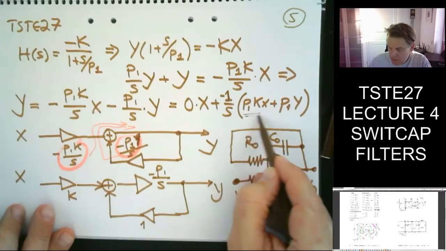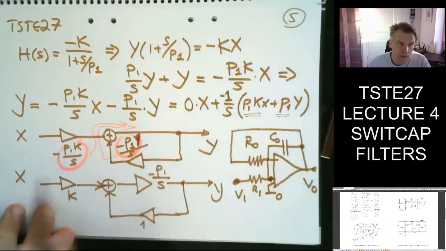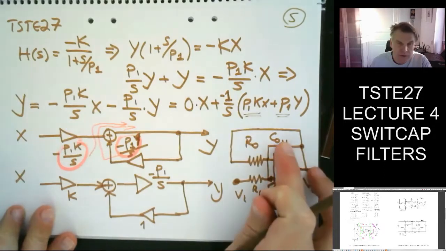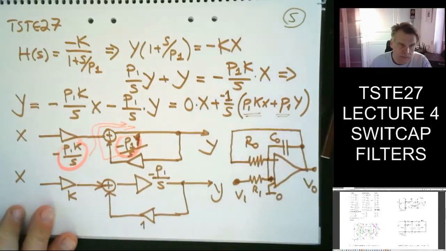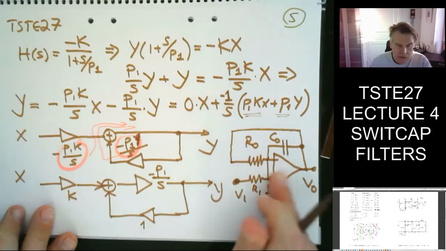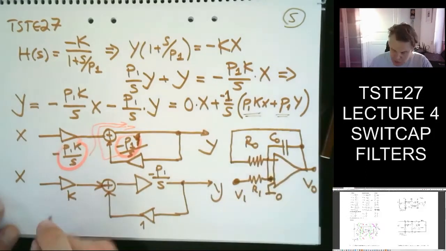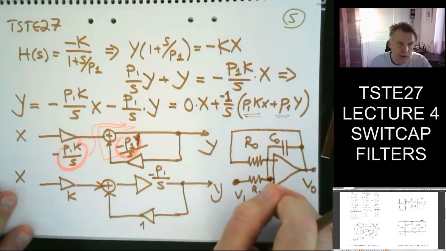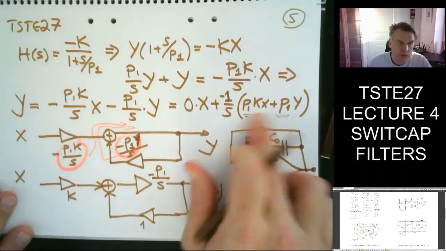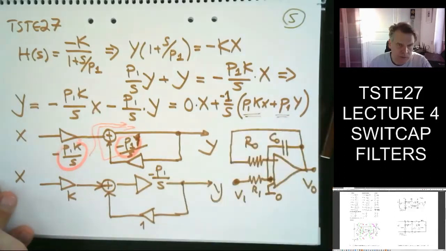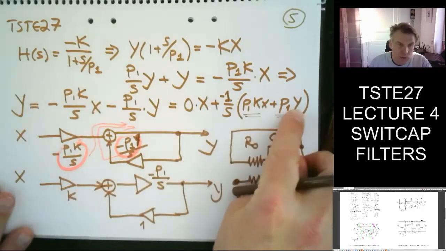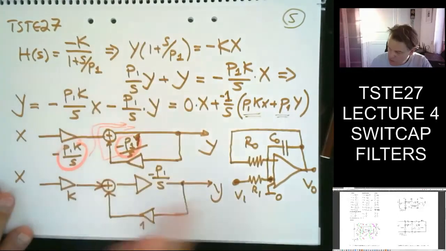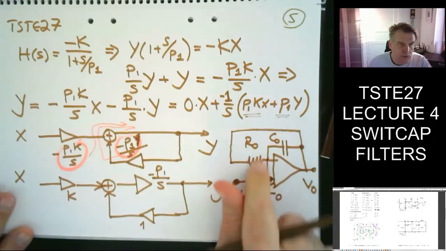So I have two unknowns, P1 and K. But in this implementation, I have R0, R1, and C0 as unknowns. So typically, in our system, you will have an overdefined system with more variables than parameters that you have to calculate. Here there are two unknowns, or knowns probably from the spec, K and P1. Here I have three unknowns, so you have to select something here.